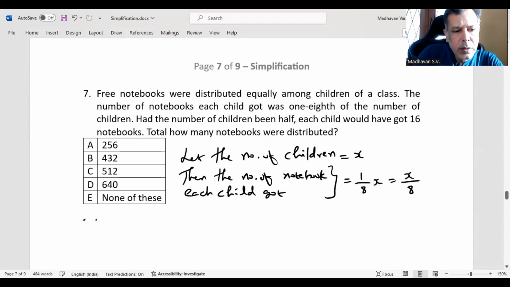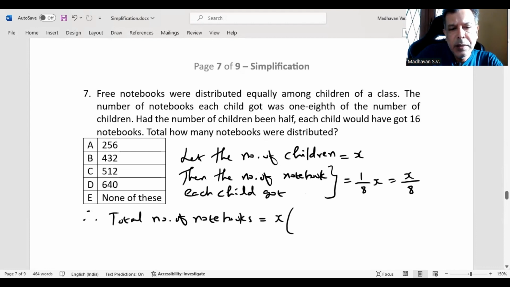Therefore, total number of notebooks will be the number of children multiplied by each child's number of notebooks, means X/8, which is X square by 8.